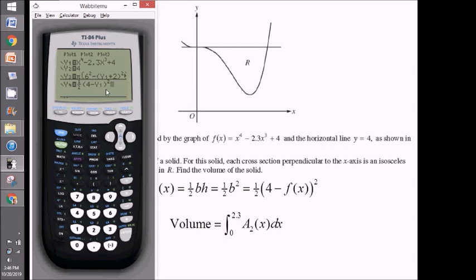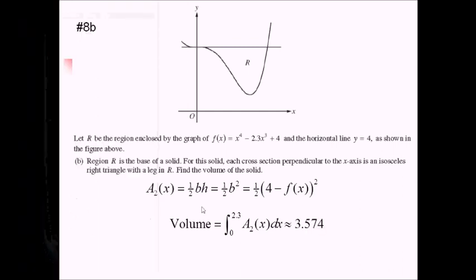Now, quitting out to the main screen, I have this work that I did earlier for part A. I'm just going to yank that input, and I've got the limits of integration that I wanted, 0 to 2.3, but instead of y3, that was the area formula from part A, I'm going to put in a sub 2, which I stored in alpha trace y4 just a second ago. So pretty much the same idea, but a different function that I'm now integrating over the same interval. And enter. That gives us 3.574.